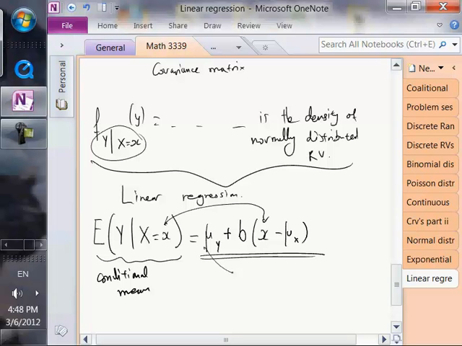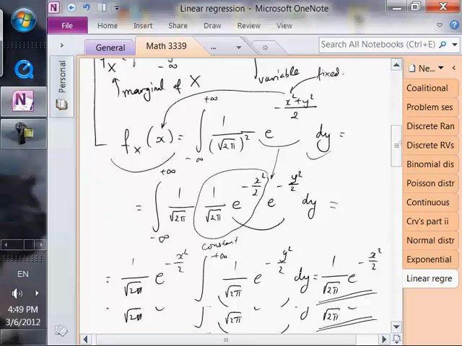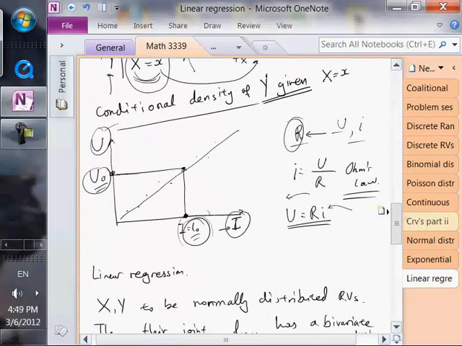Now, what is the implication of this? It says that if you lock your value here, the mean is going to be exactly this value, this one that I blackened. And the values of the second random variable will vary around this mean value.